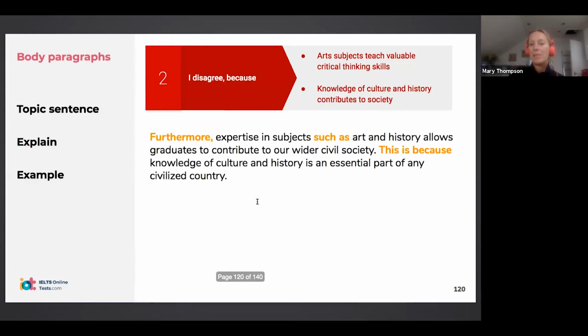Okay, and then an example. So can anyone give an example? Yeah, this might help you. Without an understanding of history, for example, we would what? How could you finish that? Forget, our orange is nice.